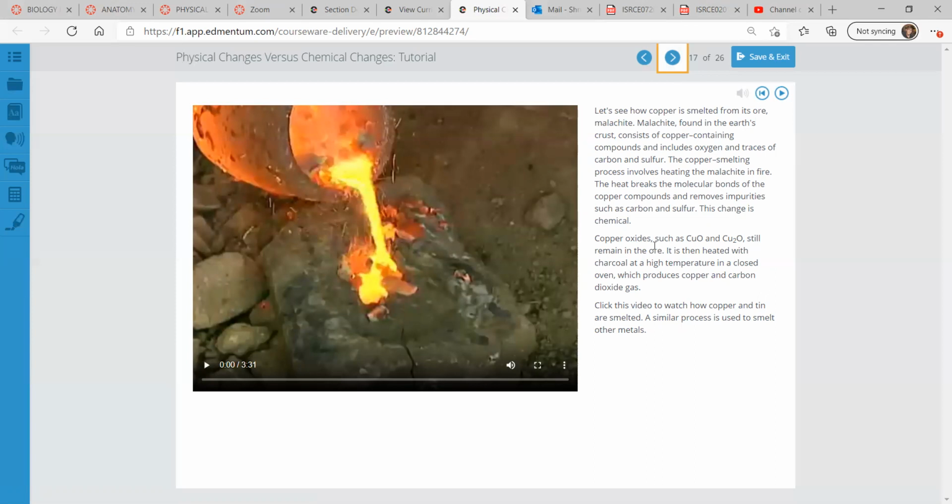This change is a chemical change. Copper oxides, such as these, still remain in the ore. It is then heated with charcoal at a high temperature in a closed oven, and that produces copper and carbon dioxide gas. So let's watch this video.